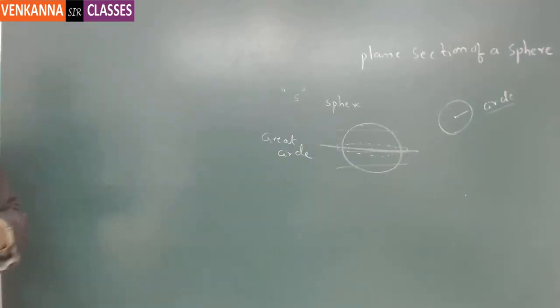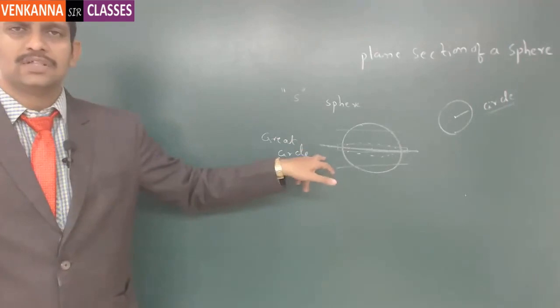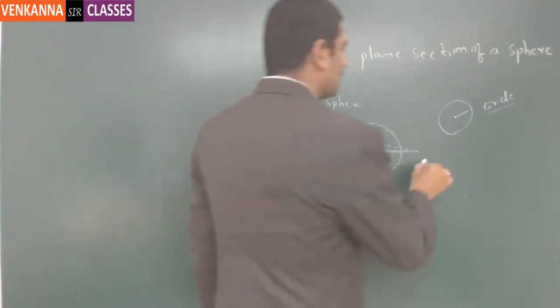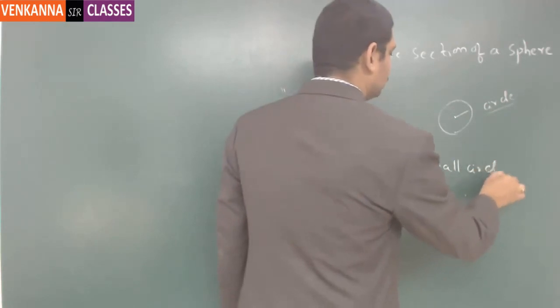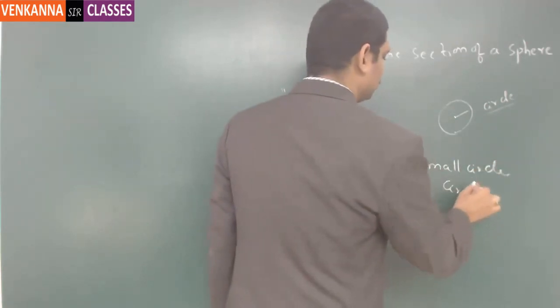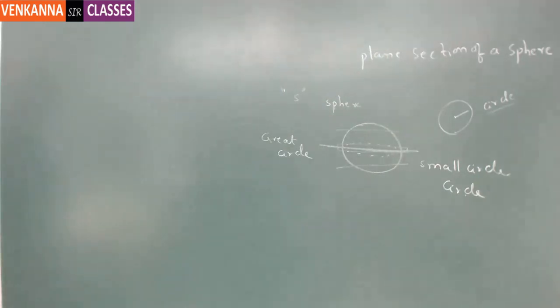And if you consider any other circle apart from this, we call it a small circle or simply a circle. So whenever you say that the intersection is a great circle, by default we need to understand that the plane is passing through the center of the sphere.